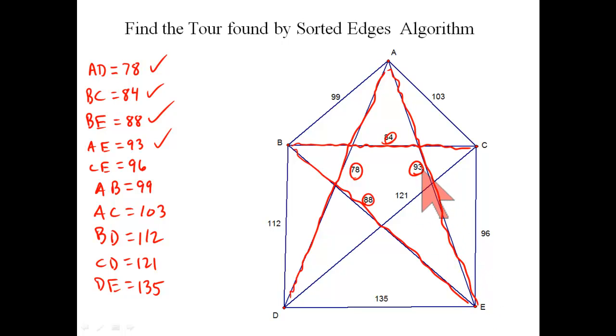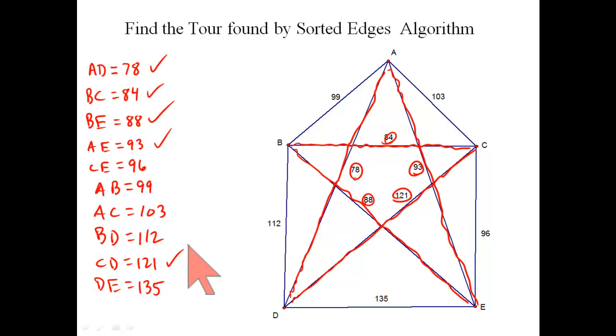And then CE, nope, more than 2 edges into vertex E. AB, nope, more than 2 edges into vertex A. AC, no. BD, see, where's BD? BD, nope. CD, yes. And so we'll put that in. And actually, we're done then.